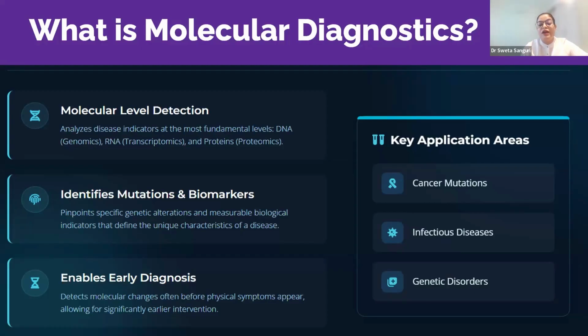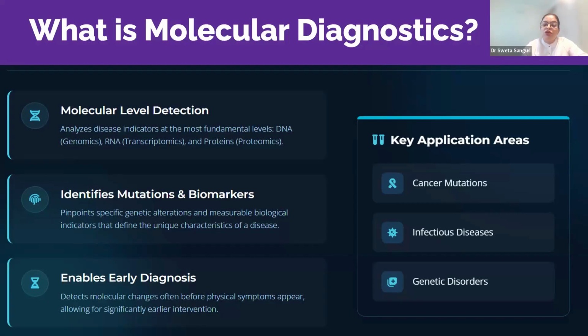For example, they are widely applied in cancer diagnostics, where identifying tumor mutations helps to guide targeted therapies. They are also crucial in diagnosing infectious diseases by detecting the genetic material of pathogens, like we have seen in the case of the COVID-19 pandemic. RT-PCR was widely being used.